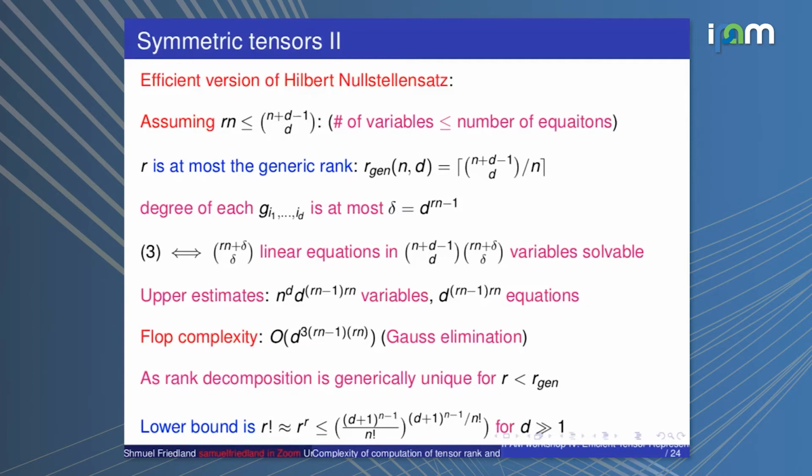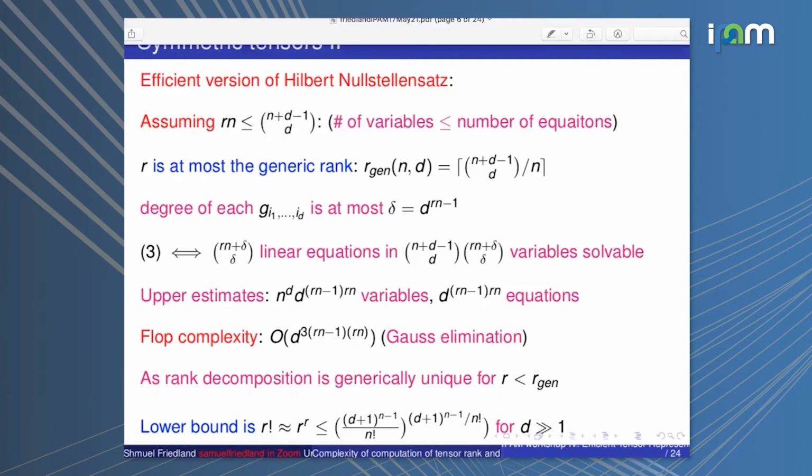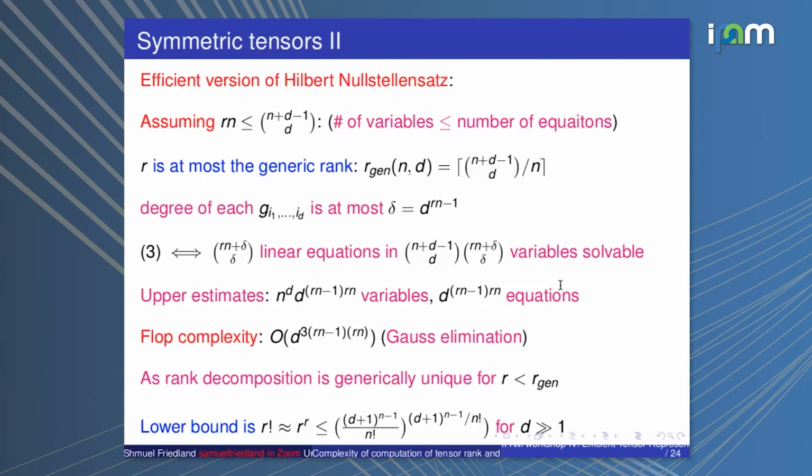So you are at line number 3 when you see the blue letters. Then the degree of each g is at most d to the power of the number of variables minus 1. That is line number 4.